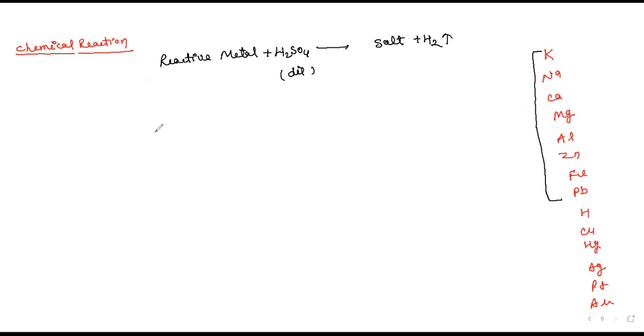If we react zinc plus dilute H2SO4, it will make ZnSO4 plus H2. But if we react copper plus H2SO4, it does not give any kind of reaction, isn't it?